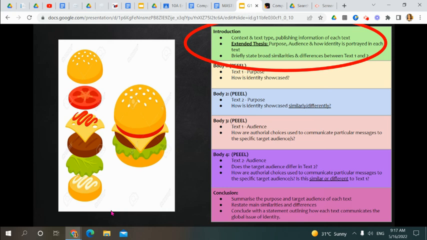We're also going to look at what an extended thesis is, where you tell me what the purpose of each text is, how the audiences are different or similar, and how identity is shown in each text. In this, you should briefly tell me the similarities and differences between text 1 and text 2.